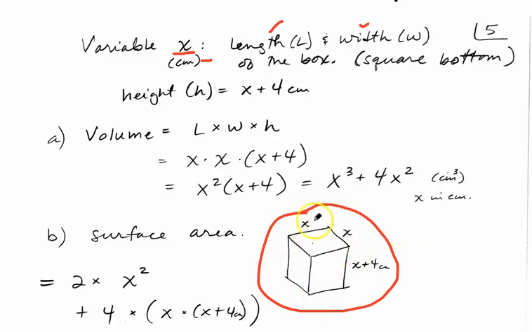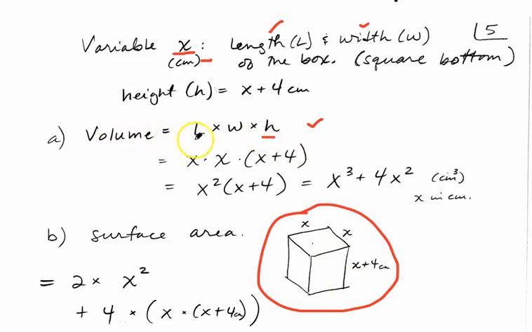So the volume is just length times width times height. Think of it as the area here times the height. We take that area and we just stack it a height number of times, and that's why we multiply by the height.